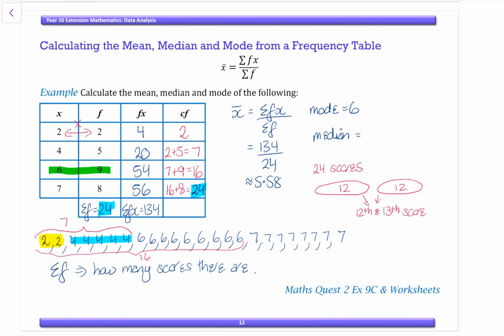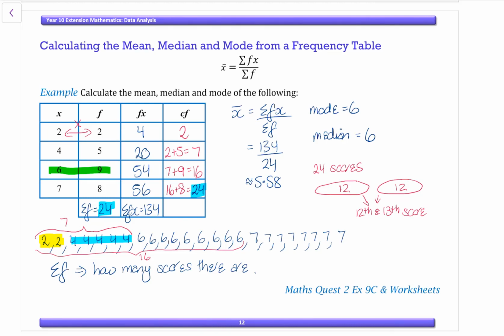If I come back to look at my cumulative frequency table, I've got 2 2s, then I've got 7 lots of 2s and 4s, and then all of a sudden I've got 16. So that means my 12th and 13th score have to be 6s. If you look down the bottom, you can see how that works.